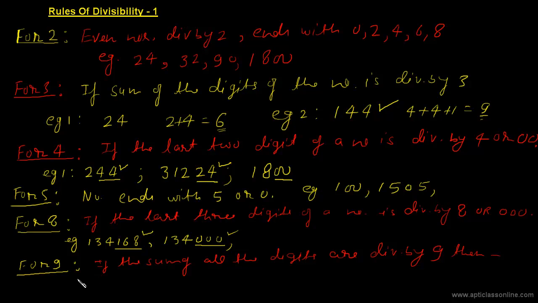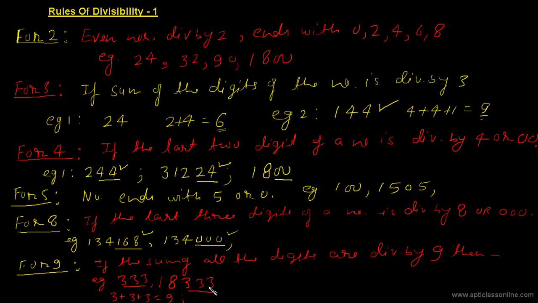So any number, for example, like 333, like 18333, these numbers are divisible by 9 because if you take the sum of the digits, like 3 plus 3 plus 3, that is equal to 9, which is divisible by 9, we all know.